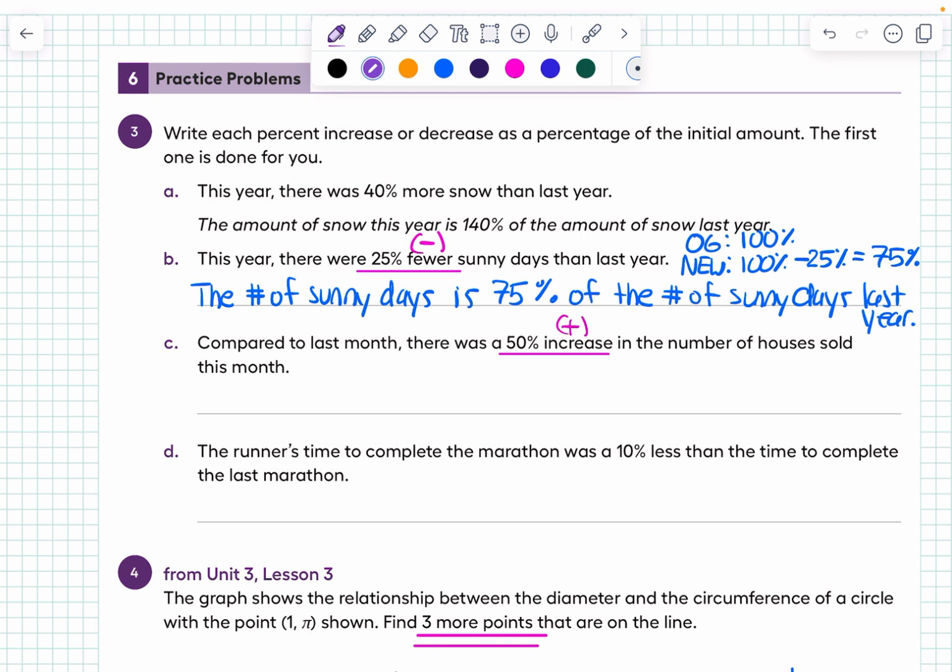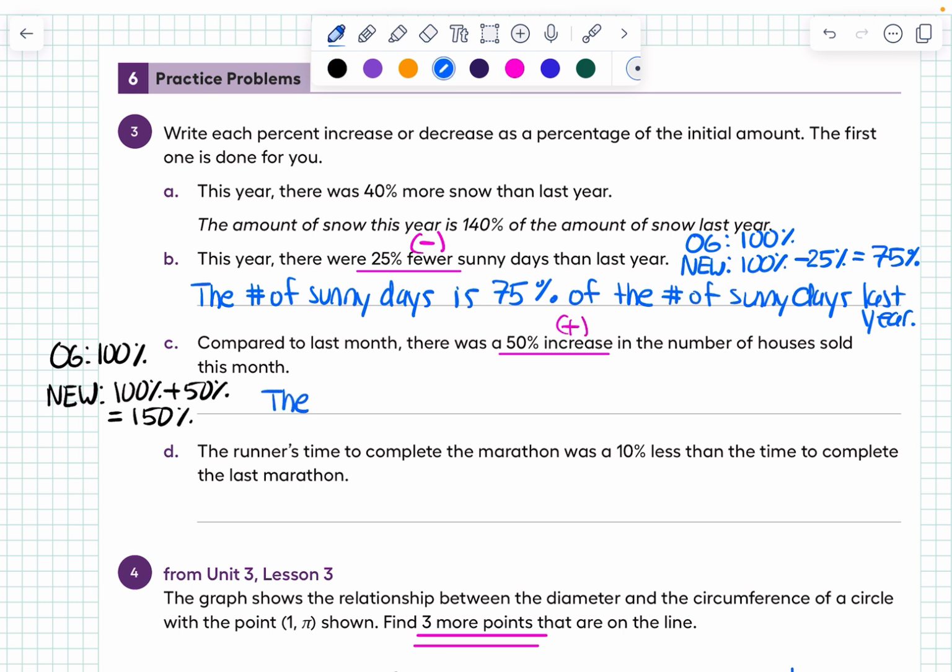So you can see here that the OG would be 100%. And if it's a 50% increase, we would have 100% plus 50% to equal 150%. So let's make our sentence a little bit easier.